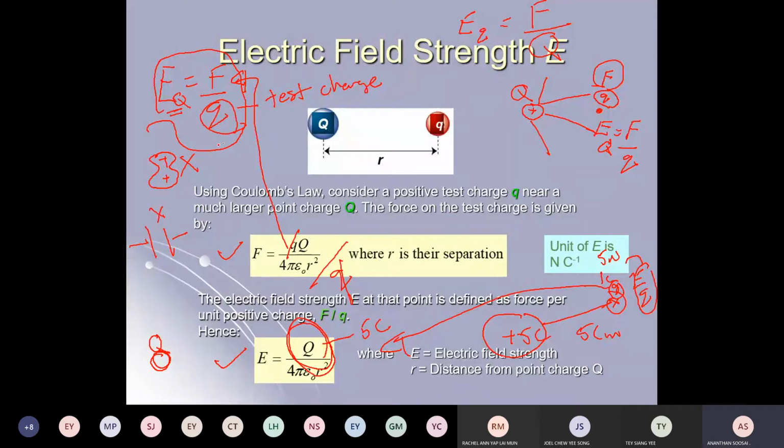This is the biggest mistake students make: getting confused about which charge to place. If you use F over Q to find the electric field strength of capital Q, the Q down here is the test charge. If you use the new formula, Q over 4 pi epsilon naught r squared, this Q must be the center charge. Any questions from here?